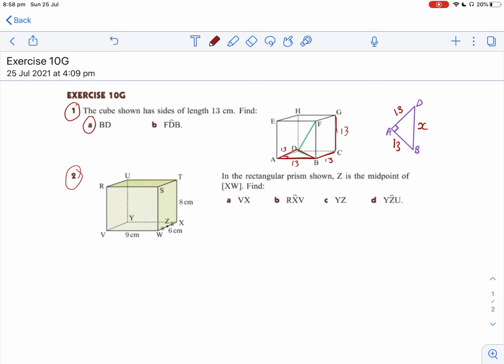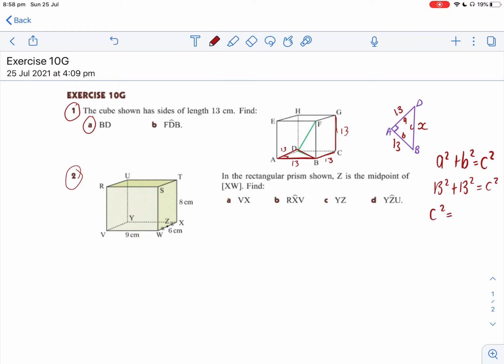I would actually use Pythagoras, a squared plus b squared equals c squared to solve this. First thing I want to do is label my A, B, and C. So this length is A, this is B, and this is C. And now I'm going to put in my values. So I've got 13 squared plus 13 squared equals c squared.